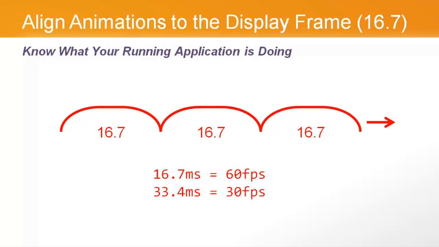Try to align those animations to the display frame rate, which is around 16.7 milliseconds, and that is around 60 frames per second. Also, if you want to be on mobile, you want to try to hit 30 frames per second. So try to do that aligned to those.